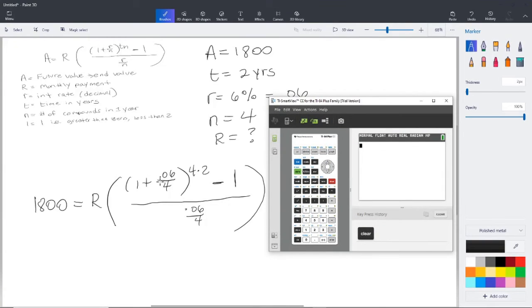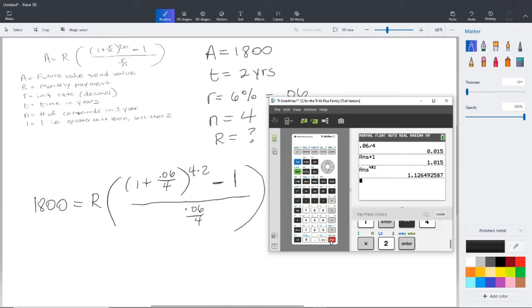So again, we're going to start right here in the inner parenthesis. We're going to take 0.06 and divide it by 4. Enter. Then we're going to say plus 1. Enter. Then we're going to raise it to the power of 4 times 2. You could say 8, but we'll just keep it as 4 times 2.